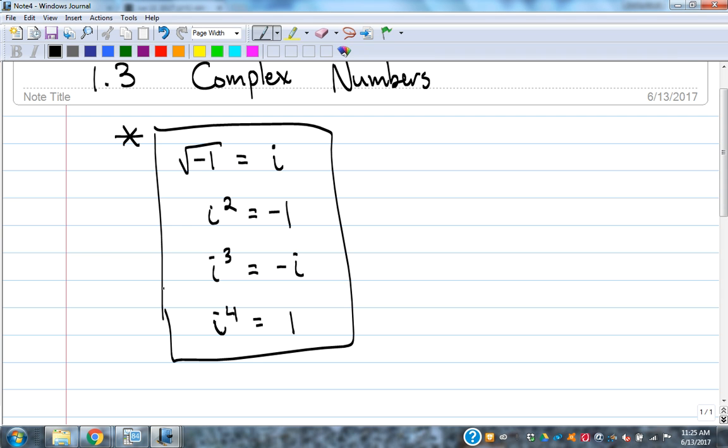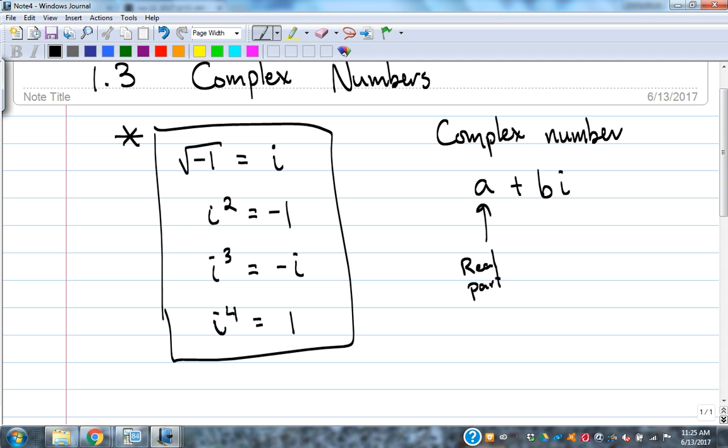A complex number looks like this. This is the real part. This part is the imaginary part. That's how they break it down.